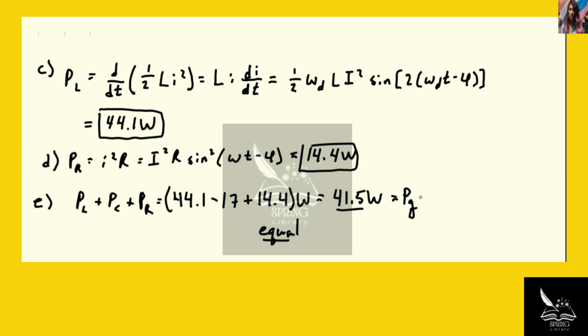Now, if we were looking at something like much higher frequency, you'd get into issues with it emitting radio waves, and so you'd have to account for that, and it would be obnoxious. But in this case, we're at a fairly low frequency, and we're just assuming that that doesn't happen. And so under the idealized assumptions of how these circuit elements work, you can just add these up, and they have to be equal to the power that the generator is supplying.